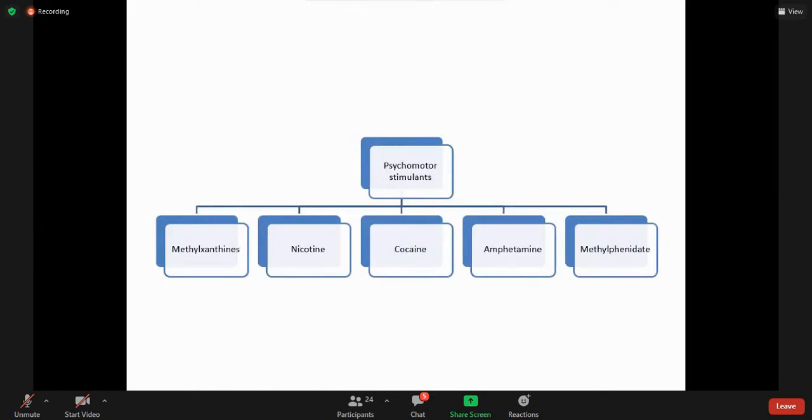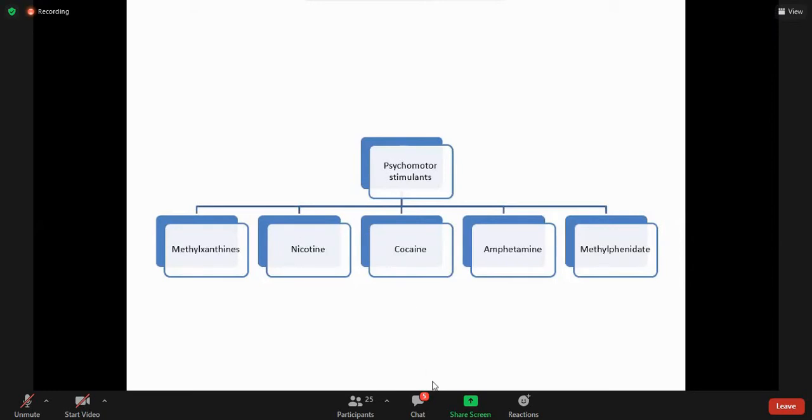Now, one by one, psychomotor stimulants. Here you must know the examples. What are the drugs and substances included? Okay, methylxanthine is one of the important major groups, and one of the substances that we take from this group in our daily life, caffeine or coffee, belongs to this group, methylxanthine. Nicotine, right?